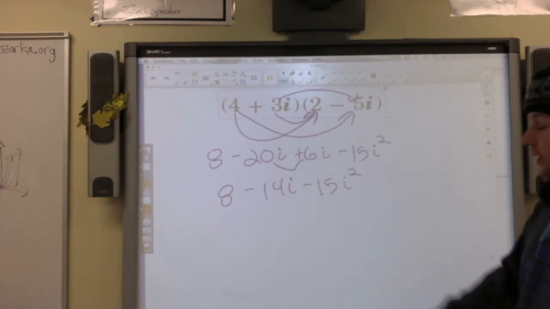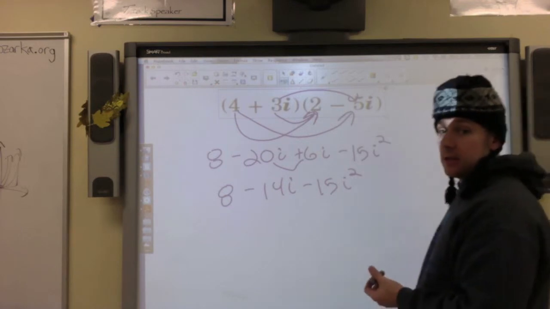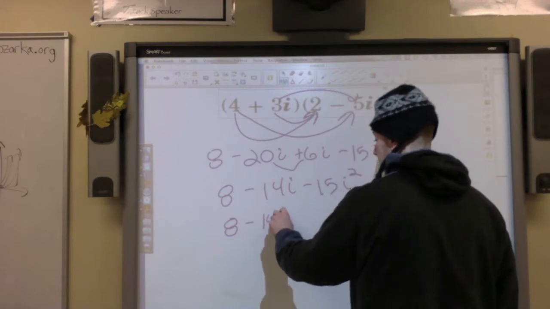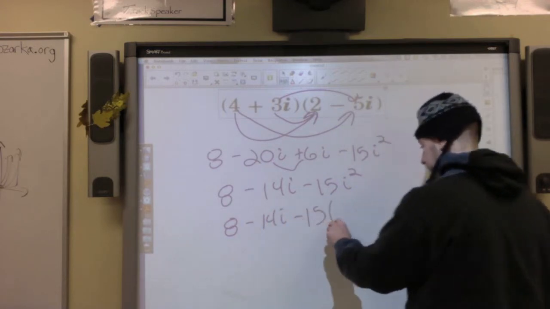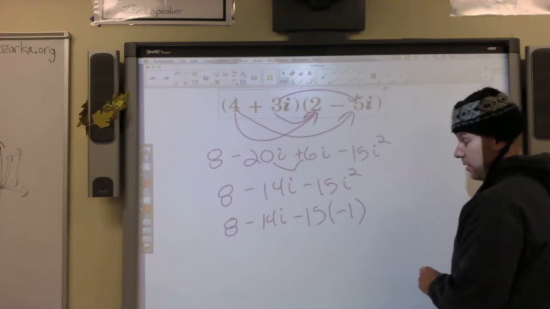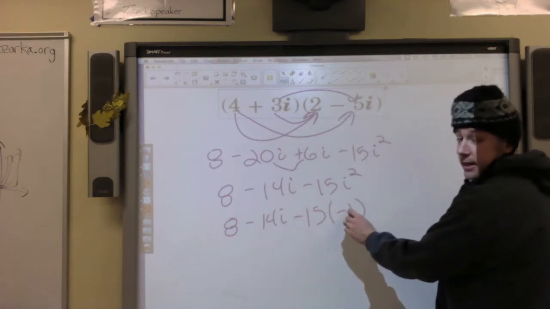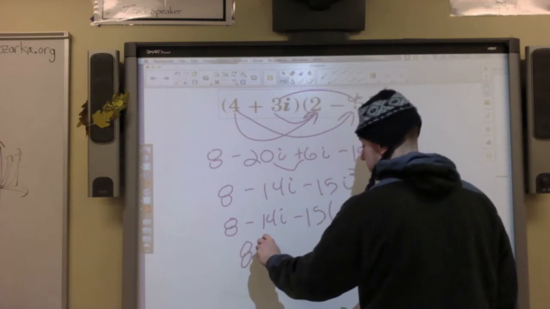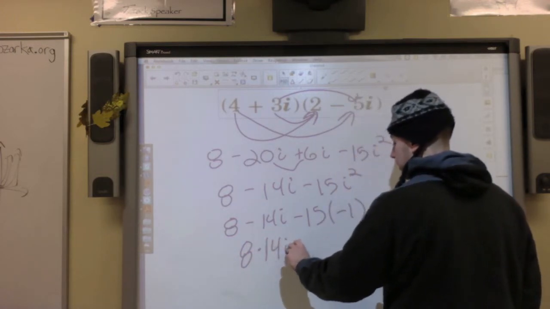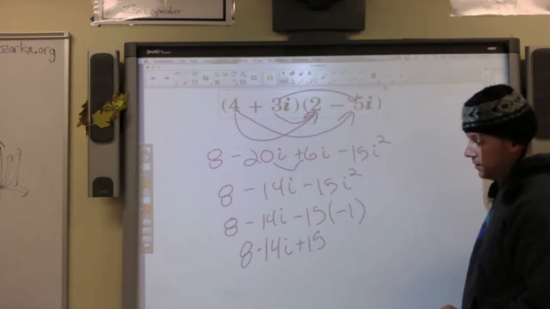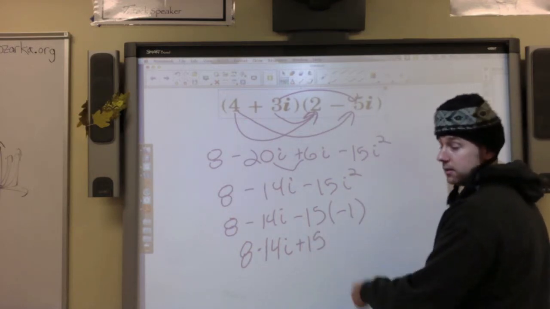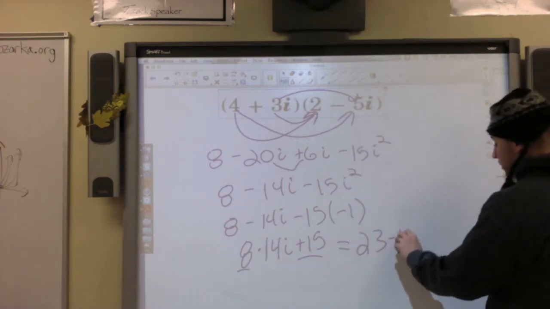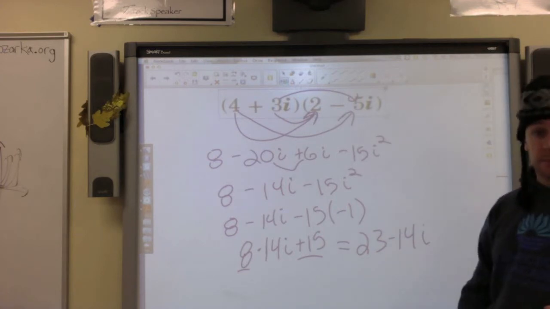The trick is that this i squared is actually equal to negative 1. 8 minus 14i minus 15 times negative 1. Well, this negative and this negative, they become a plus. So it's really 8 minus 14i plus 15. Well, now this doesn't have an i, so combine them. 23 minus 14i. And I'm done.